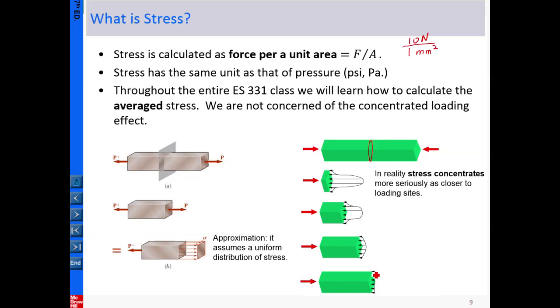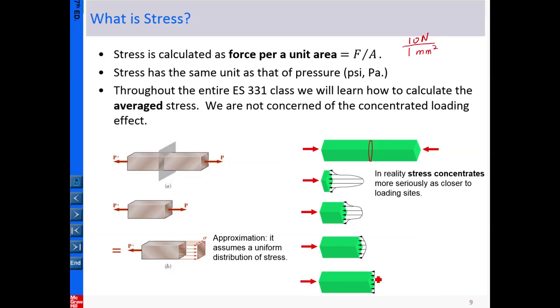So in this class, as a first learning lesson, we don't consider the so-called stress concentrations. We don't consider this because it involves quite rigorous considerations and calculations.